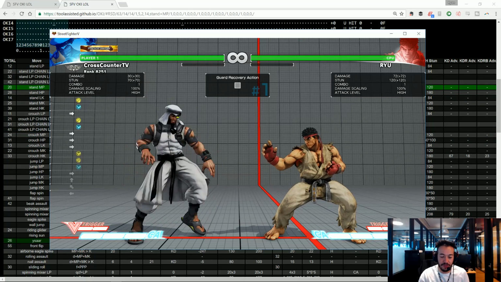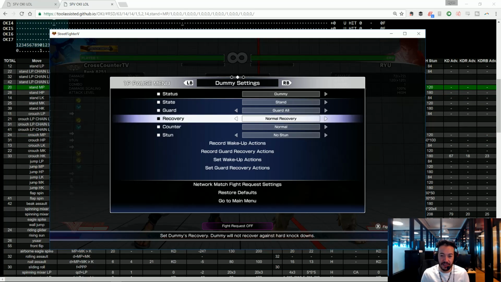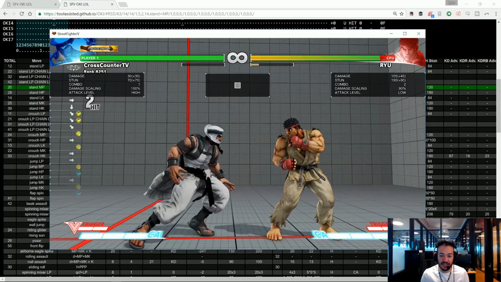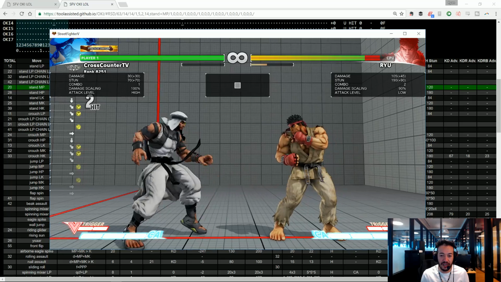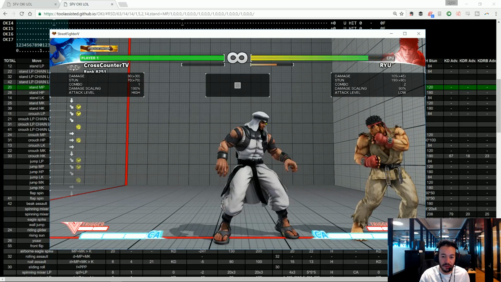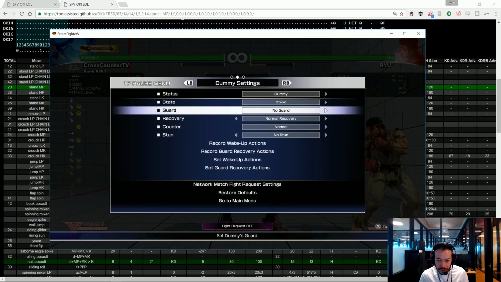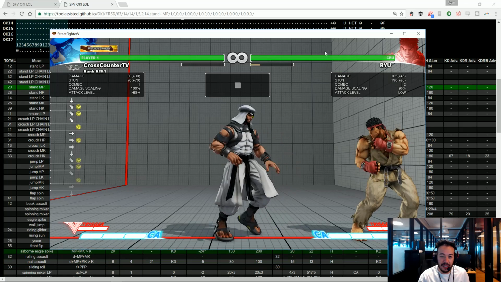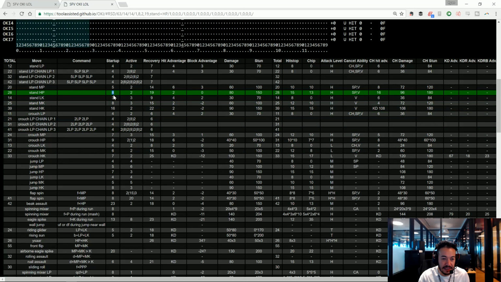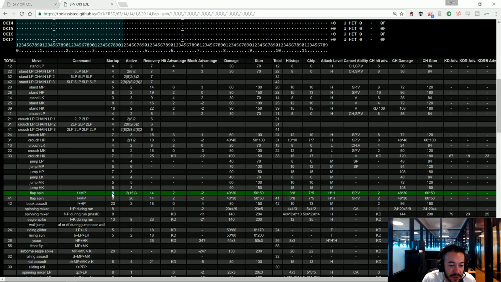let me set guard to no guard. This combos on non-counter hit. But if we look at a move that's +8, now we have standing heavy punch, that's +8, and also the forward medium punch is +8 as well.